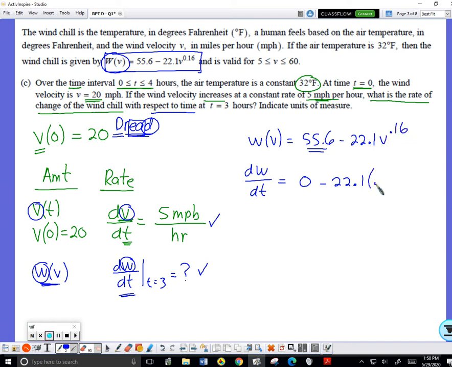Bring down the 0.16, raise to the 0.16, subtract 1.